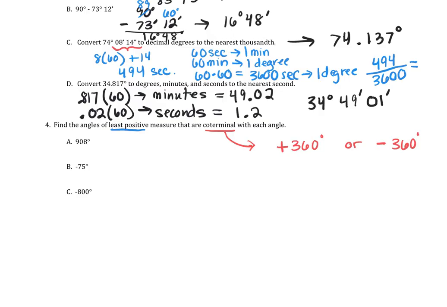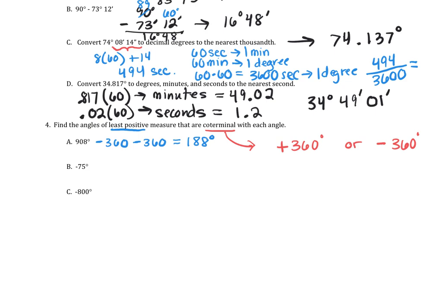So we're going to need to subtract 360 from 908 a couple different times, and then we'll see what we get for our result. If I subtract 360 twice, then I'm left with 188 degrees. That's the smallest coterminal to 908.